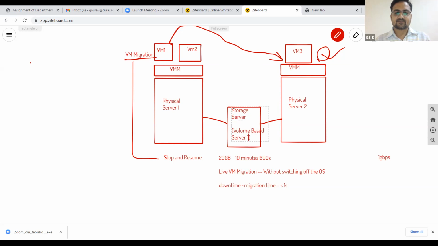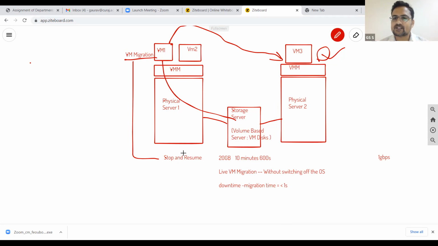And what does it keep? It keeps VM disks. So physical server 1 is running VM1. The disk of VM1 is not here, but there. Physical server 1 does not have a disk of VM1.